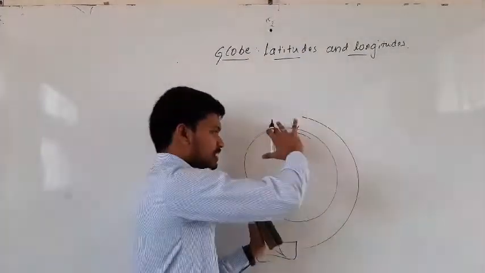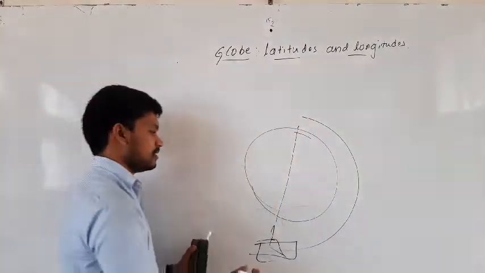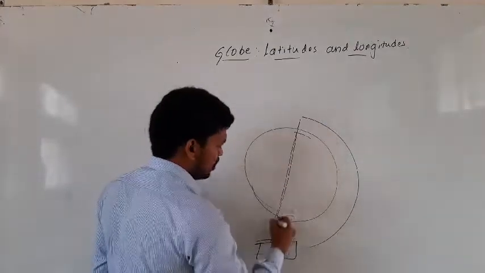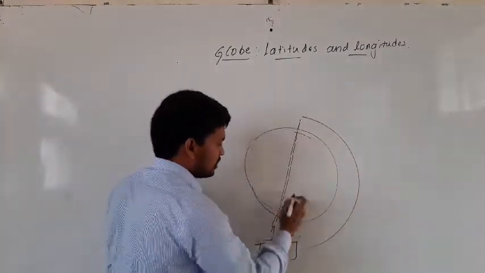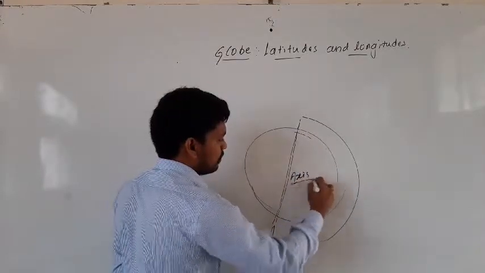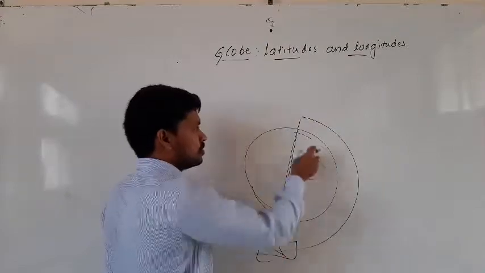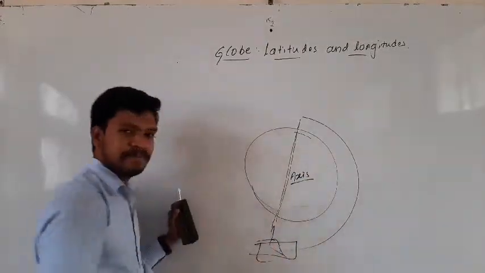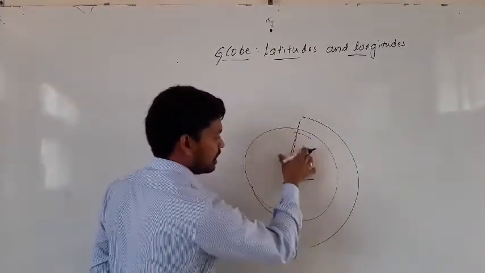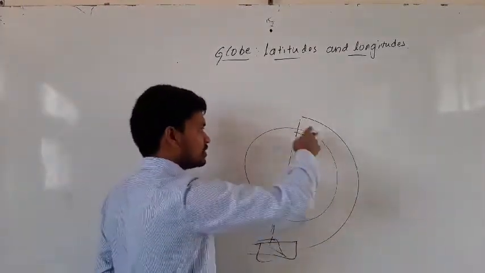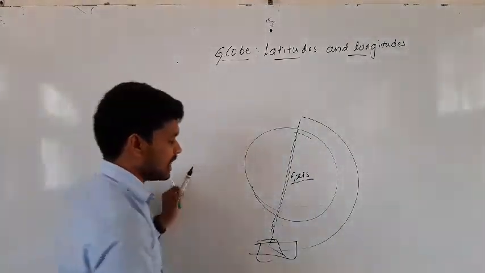So it's a true model that should be the same as Earth. We call this the axis. The axis is a needle which passes through the center of the Earth and is fixed in a tilted manner, and the Earth rotates like a globe with the help of this axis line.